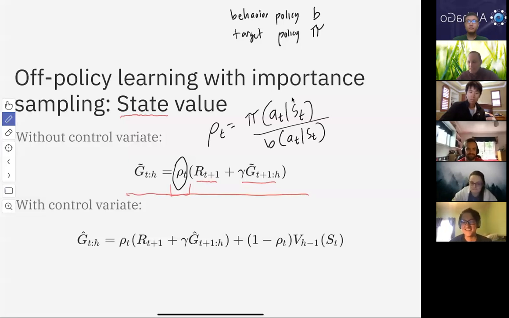Yeah, so the question is, if rho sub t is 0, that is, if our target policy pi is 0 for some action that the behavior policy actually took, what's our target reward going to be? 0. That's going to be 0, right? So if we have a particular state value, and then we hit this particular action, that's going to tend to push the new state value towards 0.